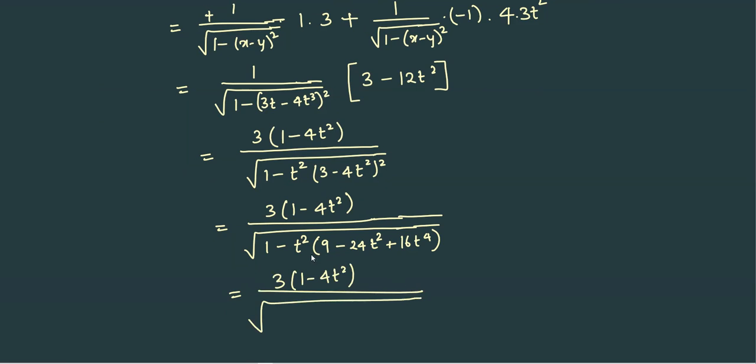I'm just trying to see if we can factorize this out. So this is 1 minus 9t square plus 24t power 4 minus 16 t power 6.